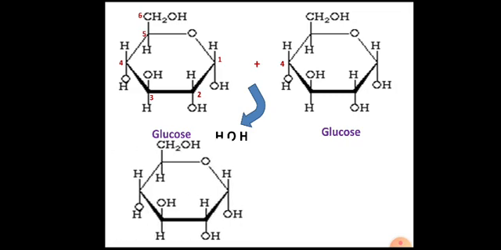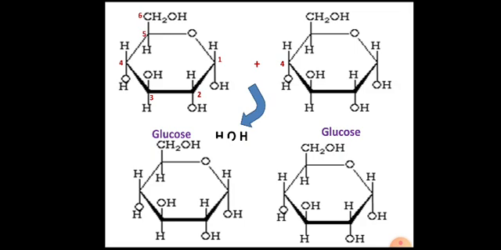So this is the glucose molecule where carbon number 1 is at alpha conformation. This is another glucose molecule where carbon number 4 is this.